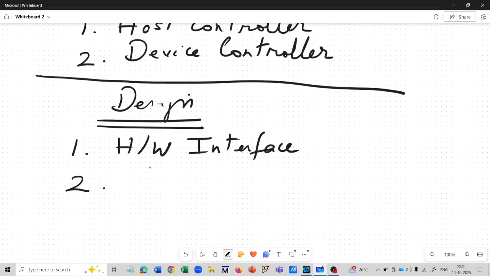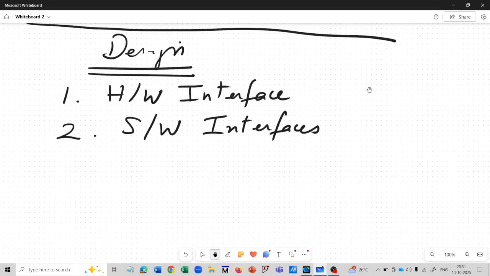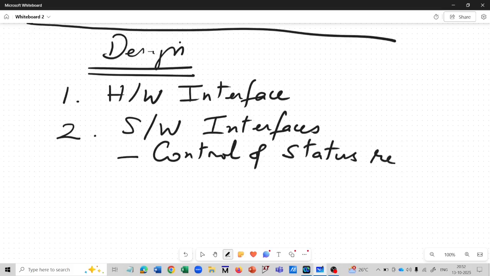The second part of the design will be to figure out what the software interfaces are. Now, what exactly is a software interface? The software interface will consist of the control and status registers, which provide the means for the processor to initiate transactions and also to determine the status of completion of different transactions on the device side.